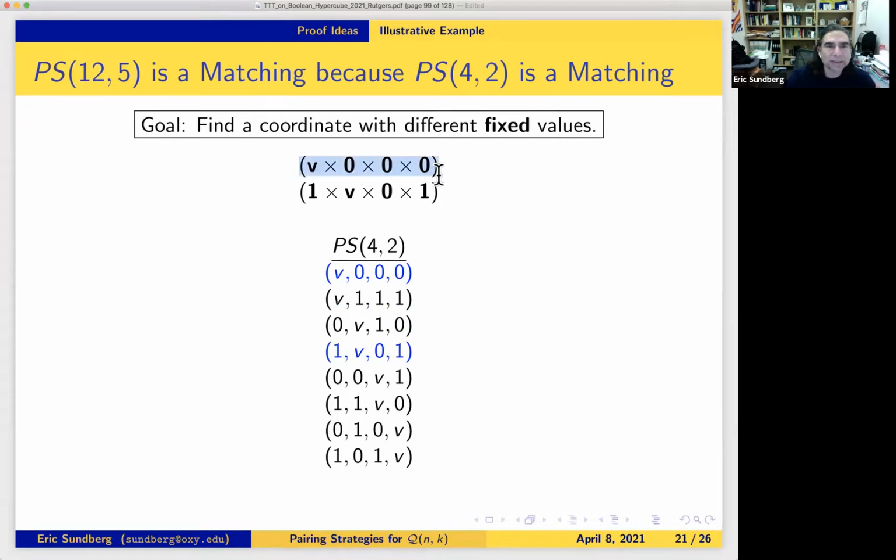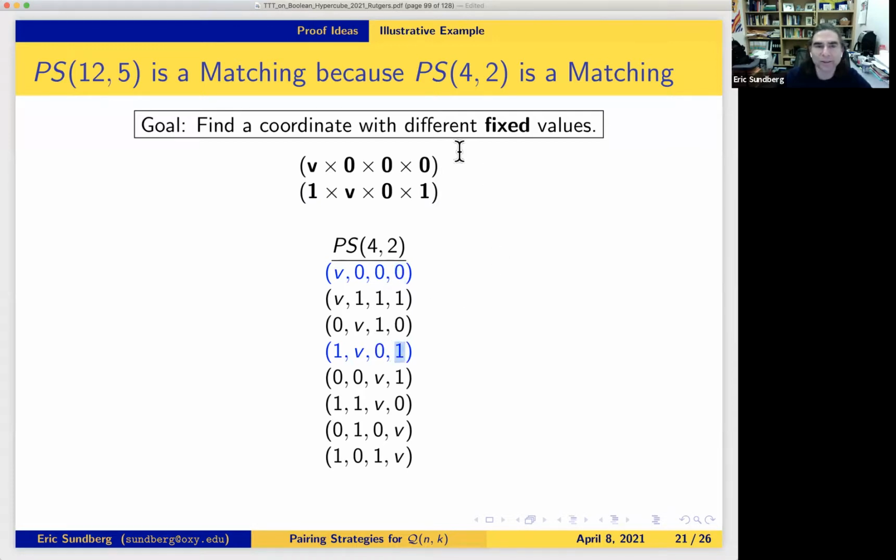Remember, this Cartesian product set got its form directly from the edge V000 in PS42. The other Cartesian product set got its form straight from 1V01, right? 1 cross V cross 0 cross 1. Well, PS42 forms a matching, so if I take 2 edges in PS42, I'm guaranteed to find one of the 4 coordinates where one of them has a 0 and the other has a 1, in this case the 4th coordinate.